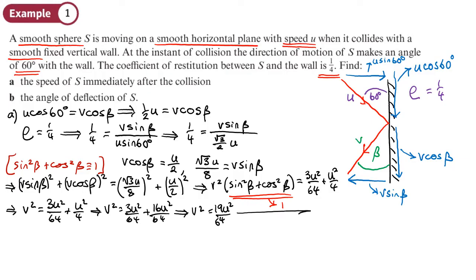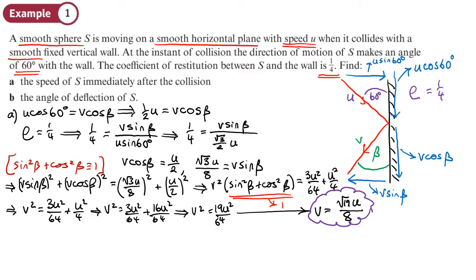Square root both sides, and I will have v equals root 19u over 8. So that is my value of v. So that's the speed of S immediately after the collision. Let's just tidy it up. That's a 19 there. So root 19, like that.